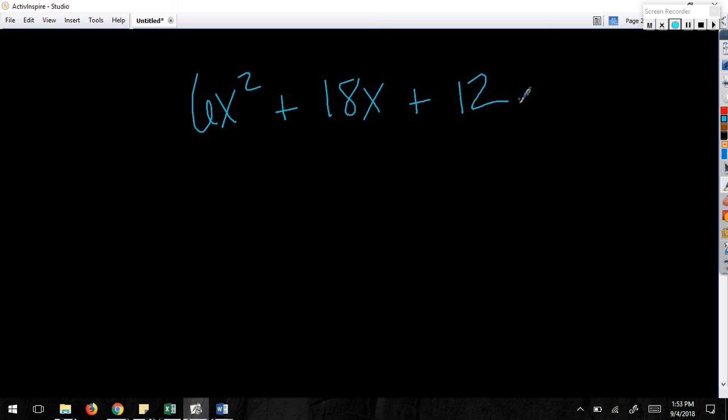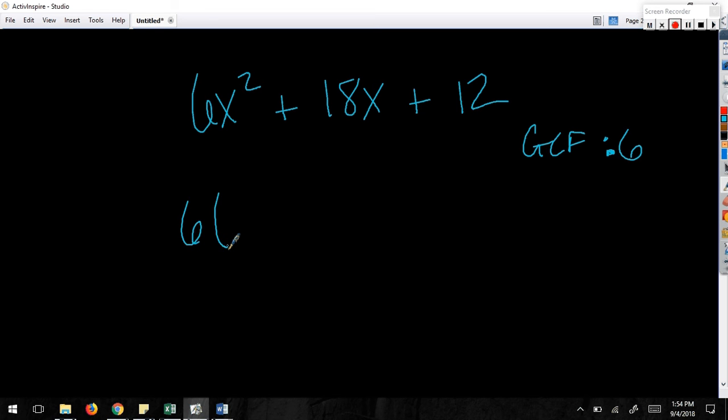Can you think of a GCF that I could take and put on the outside of that? So backwards distribute pretty much. Even bigger. 6. Do you see that? Does everybody see that? What's the biggest thing you can divide 6, 18, and 12 by with no remainder? 6. I can put it on the outside.